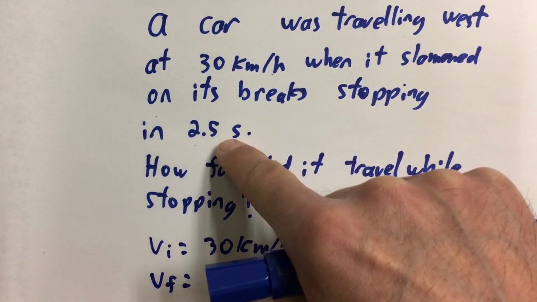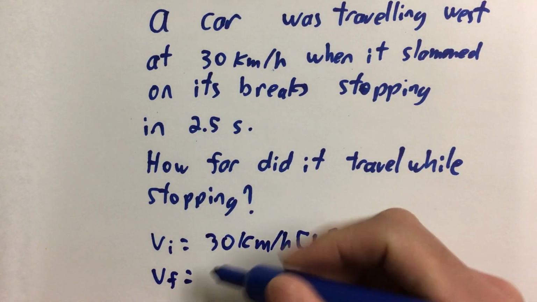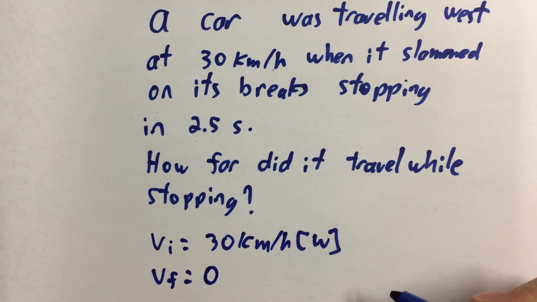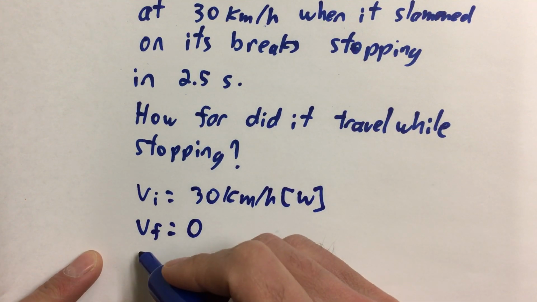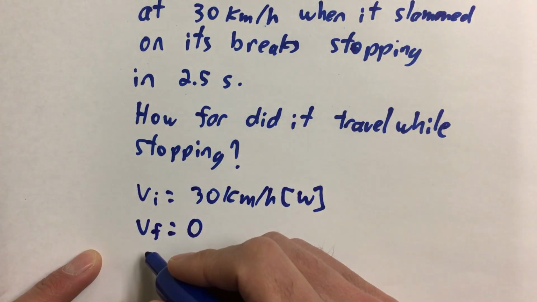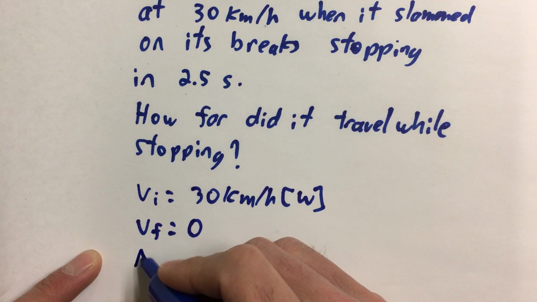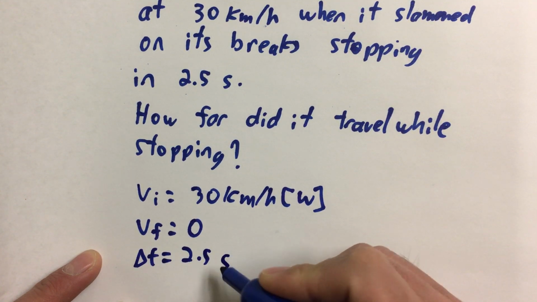It stopped in 2.5 seconds. So at the end of that time interval, its final velocity is 0. And the amount of time that took, delta t, is 2.5 seconds.